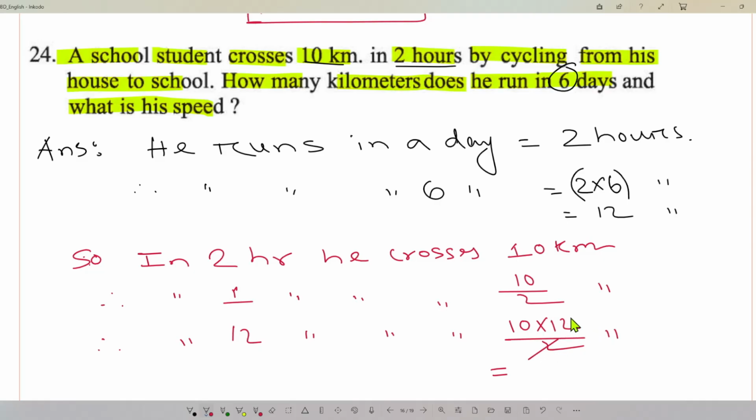We can divide 12 by 2, so 6 times 10 is 60 kilometers. So in 6 days he crosses 60 kilometers.